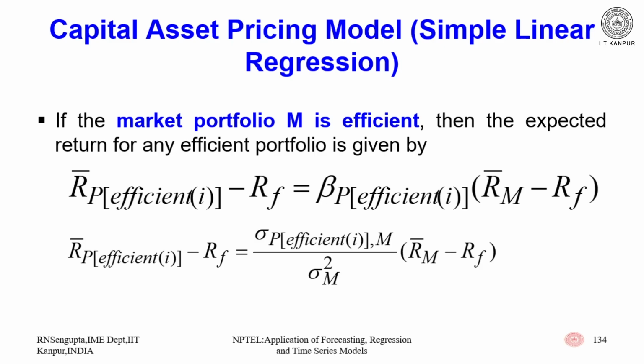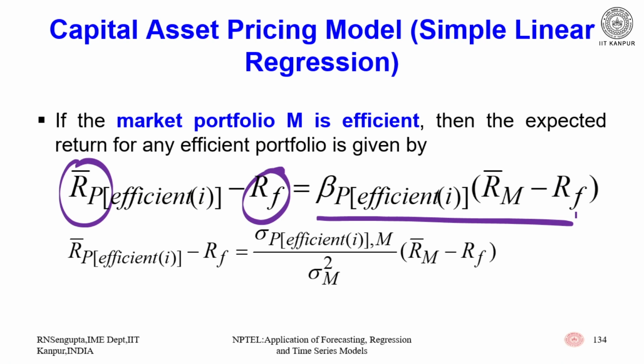Now, why am I discussing that? Because the point of simple linear regression always comes into the picture. If the market portfolio M is efficient, then the expected return of any efficient portfolio is given by R bar P. R bar P is for the portfolio, RF is the risk free interest rate, and on the right hand side is exactly the same equation you have considered.